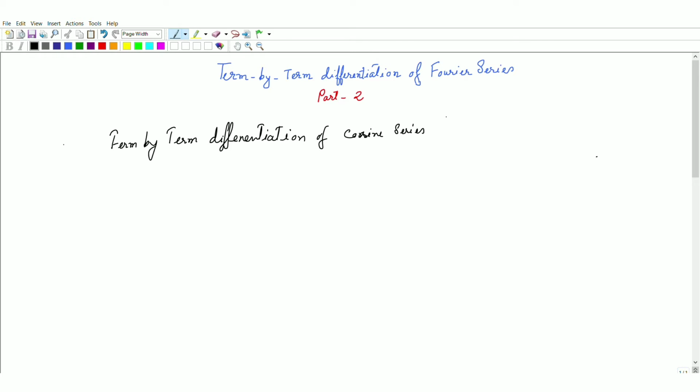As per the condition, we cannot do term by term differentiation for all cosine series. We can do it for some particular cosine series, and that is what we are going to write.